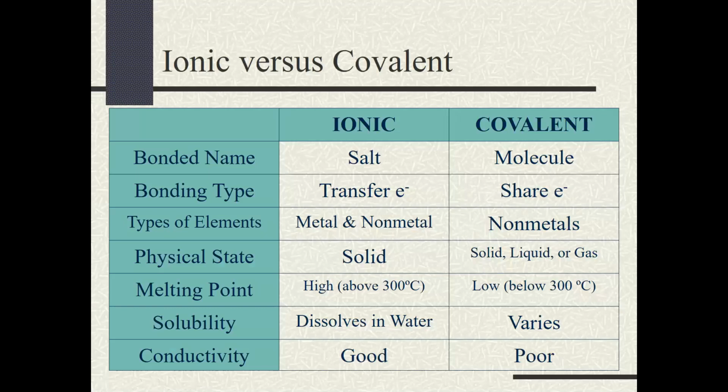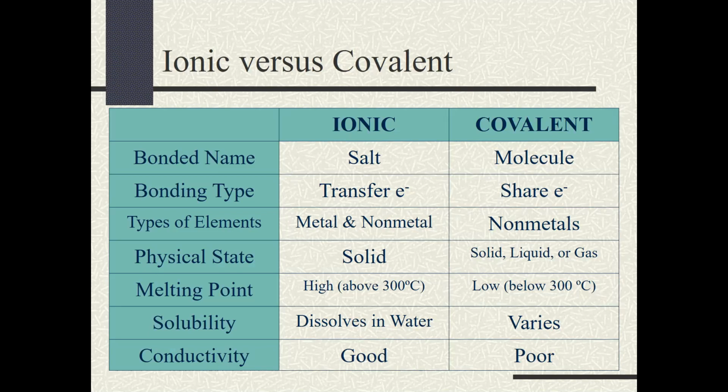All right, so if we compare them side by side, ionic and covalent, when we form an ionic bond, we call it a salt, whereas when we form a covalent bond, we form a molecule. Remember, ionic bonds transfer, gain or lose electrons, and covalent bonds are going to be sharing electrons.